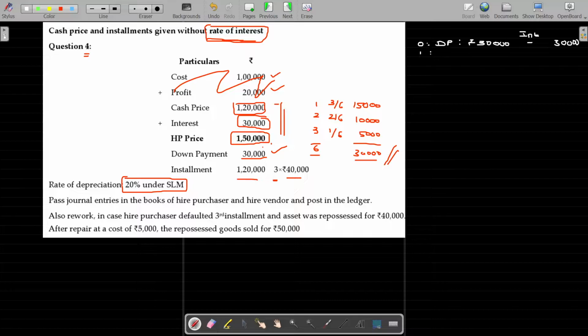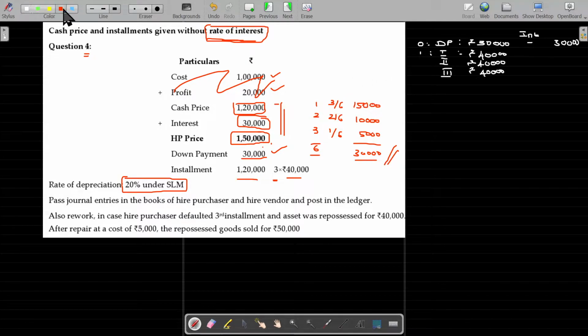And first year end, we pay the first installment of rupees 40. Similarly, in the second year also, we pay another 40. Third year, we will make another payment of 40. 3 payments. First year, second year and third year. 3 installments. In down payment, usually we don't have the interest.